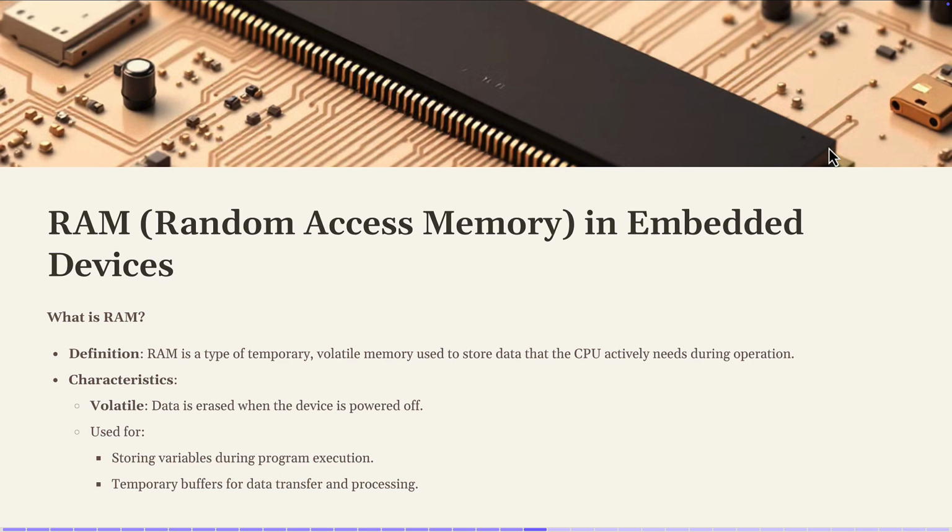So it's volatile memory that we use to store data during the execution of programs in the CPU. So the data is erased when the device is powered off, and it is used for storing variables during program execution and temporary buffers for data transfer or processing. We can use them in communication also. Okay, we store data in the buffer and then we transfer them to another device.